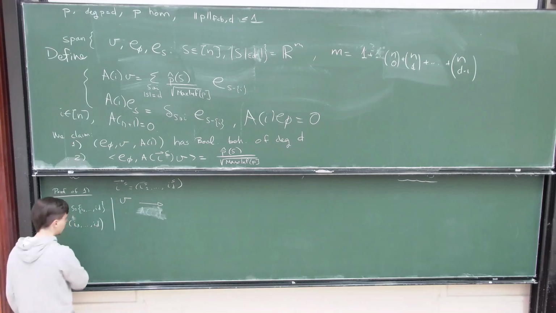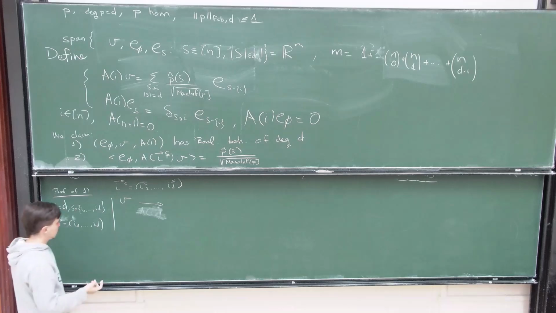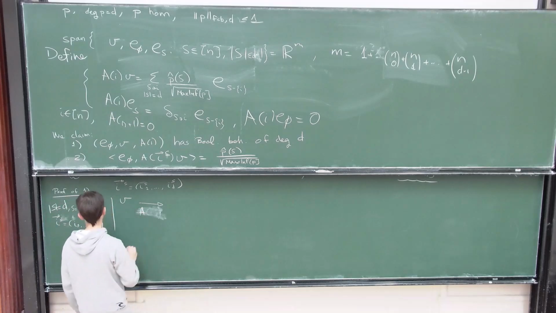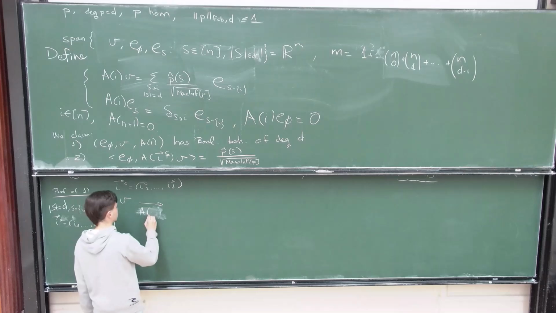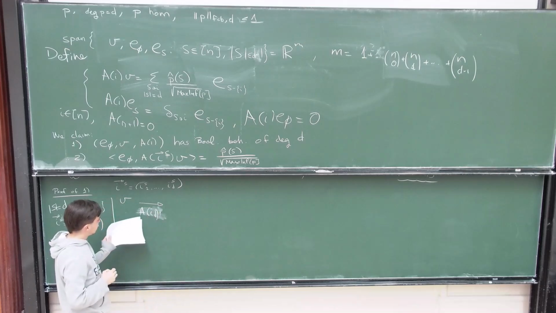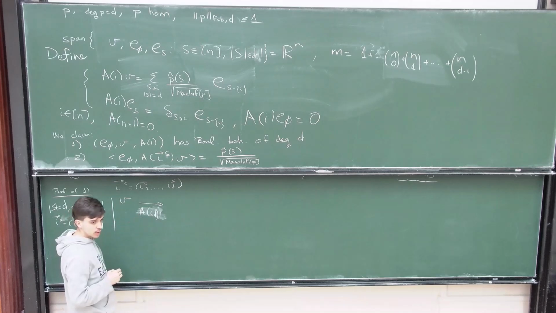Okay, so we are going to begin with this case. For simplicity, we are just going to assume that I_S is this one. Maybe you can permute, but it's easy to check that we don't really care about the permutations of I_S. So first we are going to see what happens when you apply A_{i_d} here.